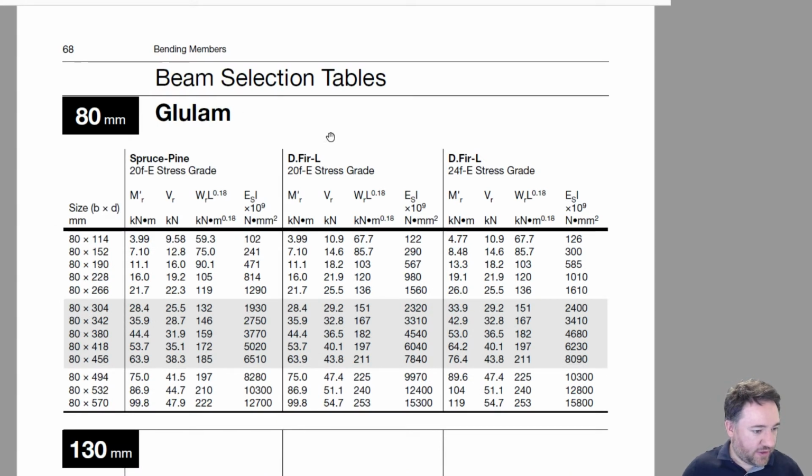Okay, so our stress grade is 20f-E in a Douglas fir-larch. So you can see here we have the MRs, we have the VRs, and we have the EIs listed right here. So recall our MR was 190.5, so none of the 80 millimeter glulams are going to do the trick.